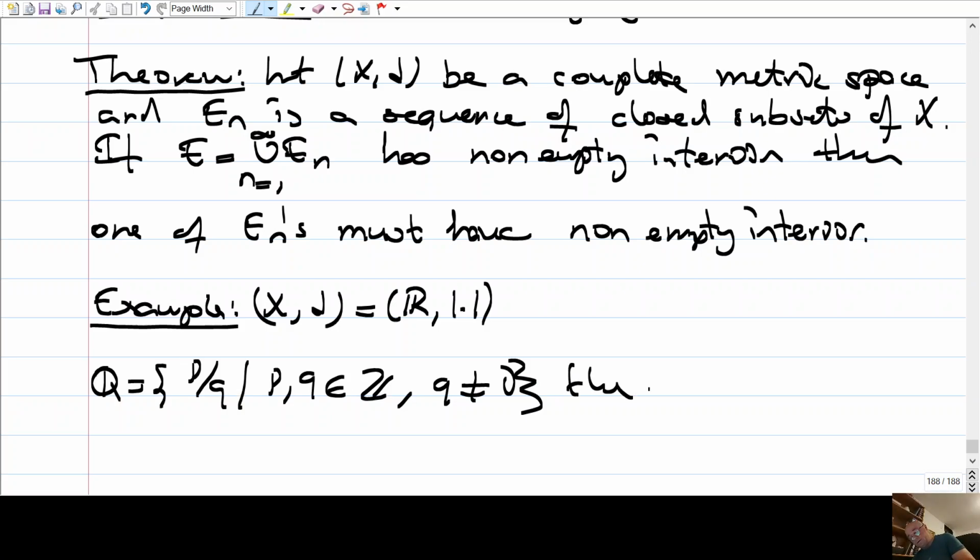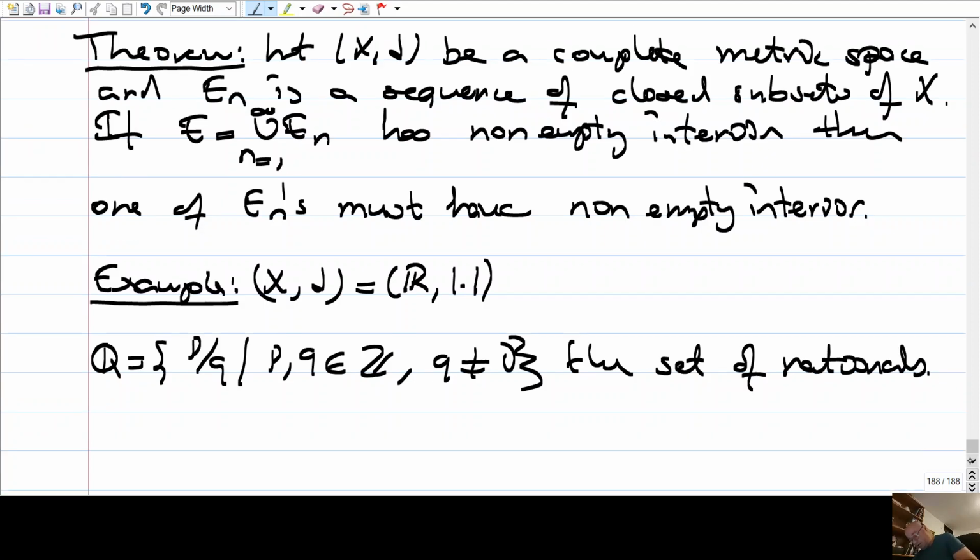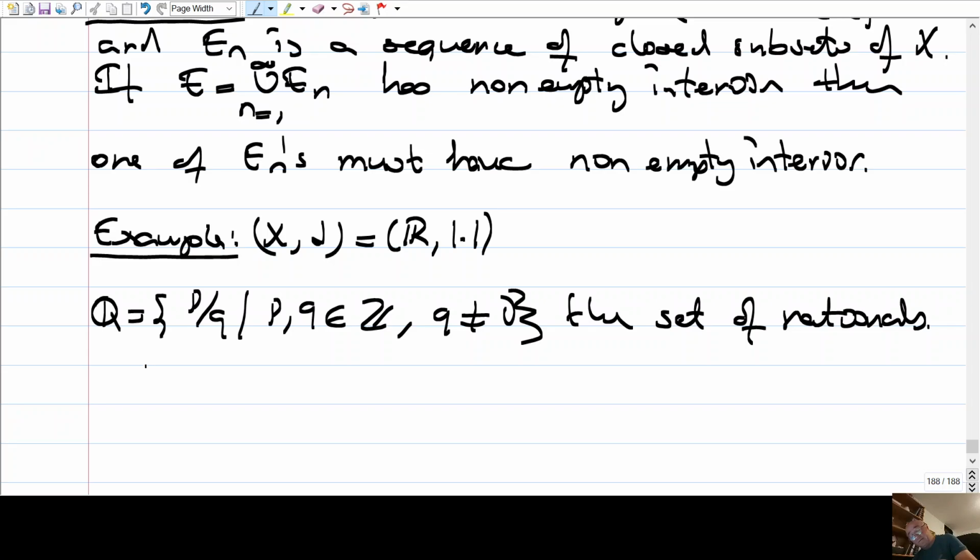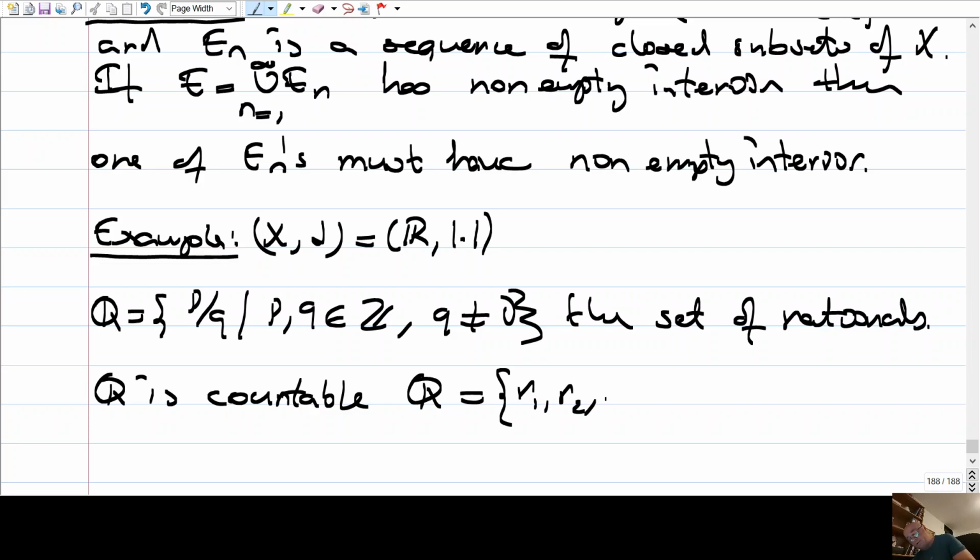The set of rationals. This is a countable set, right? Q is countable. We may count all the rational numbers. So I can write this as the first rational number, second rational number, the third rational number, and so on, nth rational number.